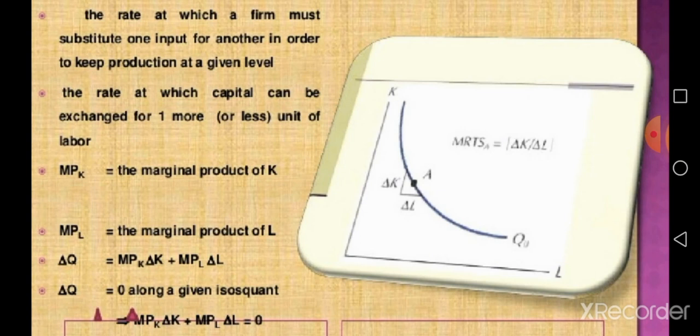MPK is the marginal product of K, meaning capital. MPL is the marginal product of L, labor.